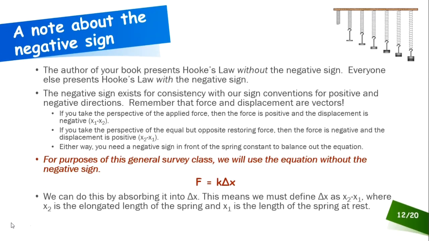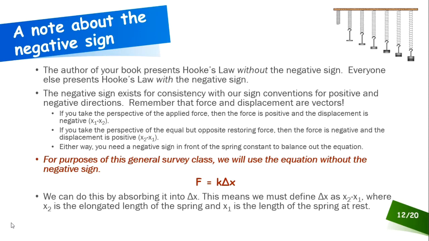Now, notice that everywhere we go, except in the textbook from your textbook author, everyone uses that negative sign in front of the constant. Because this is a general survey class, we're just going to use the equation without the negative sign.